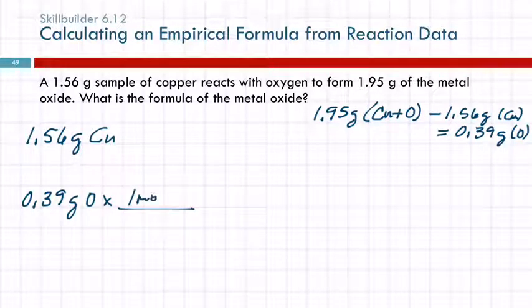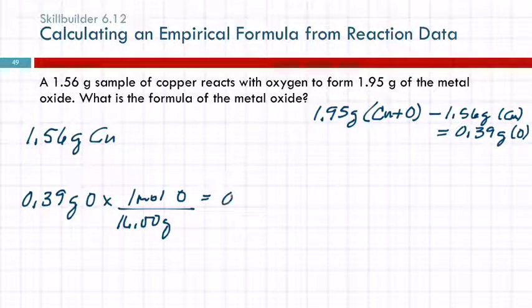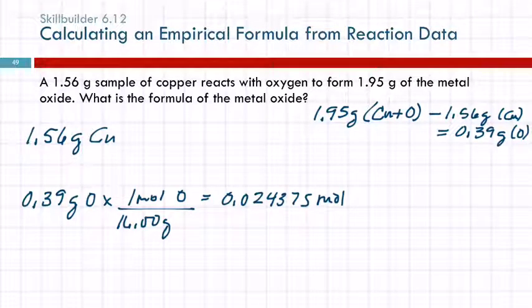So 1 mole of oxygen, 16 grams. 0.39 divided by 16 is 0.024375. There weren't that many, so I just wrote down all the digits. And then copper, 1 mole of copper.